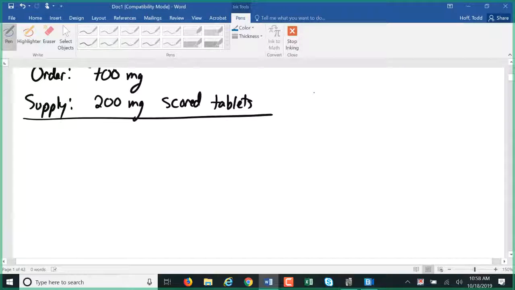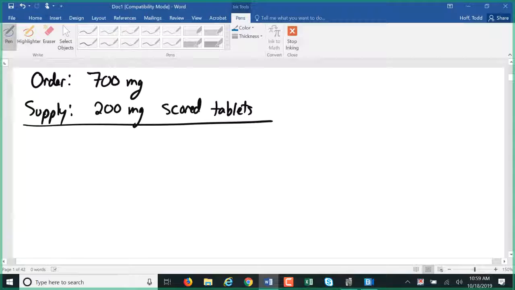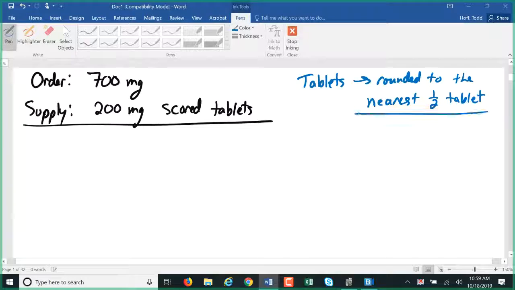For this class, we're going to assume that any tablets can only be broken in half. So tablets must be rounded to the nearest half tablet. Different medications might have different standards, but for the most part, as far as I'm aware, most tablets can only really be cut in half accurately. Smaller units than that, they kind of discourage.